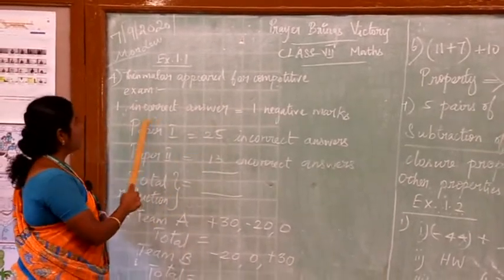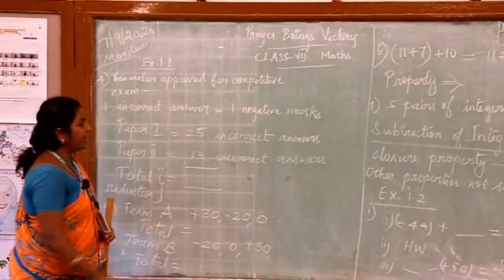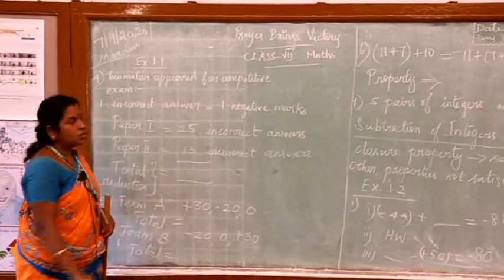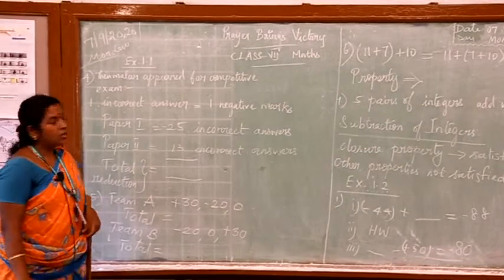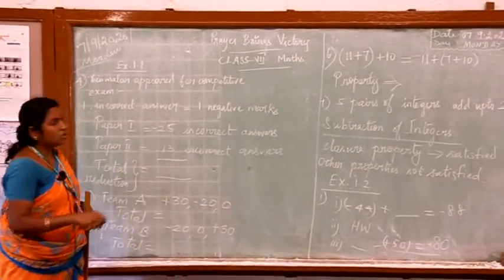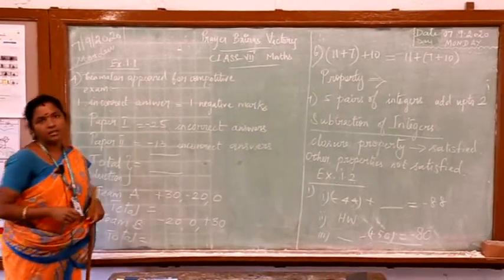For paper 1, the deduction will be minus 25. Similarly for paper 2, with 13 incorrect answers, it is minus 13.